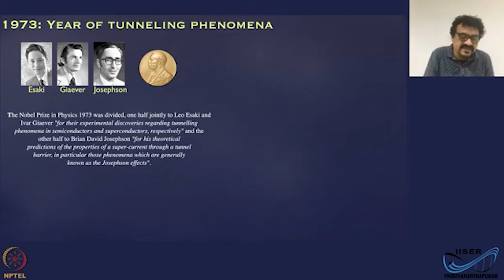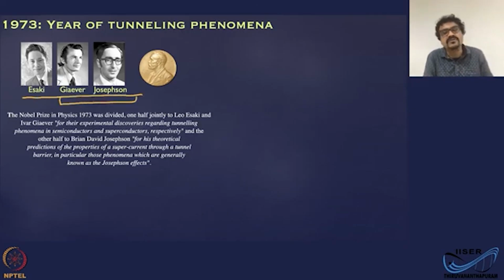In 1973, 3 physicists were awarded the Nobel Prize. Out of those, 2 had worked on tunneling in superconducting devices, superconducting junctions, and Josephson worked on this problem that we just discussed.